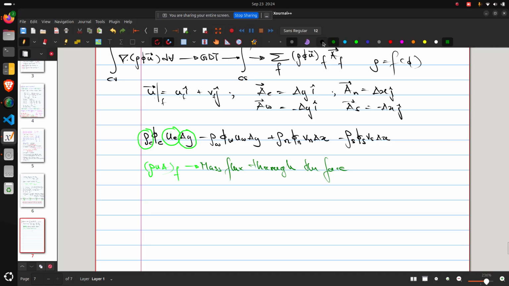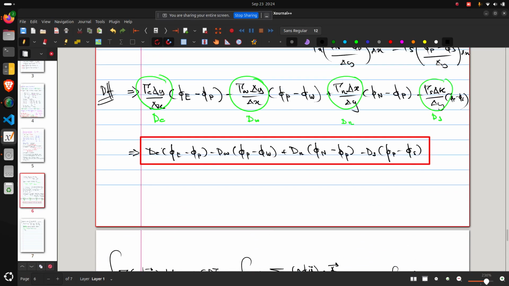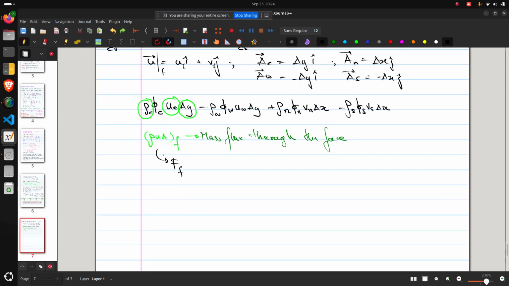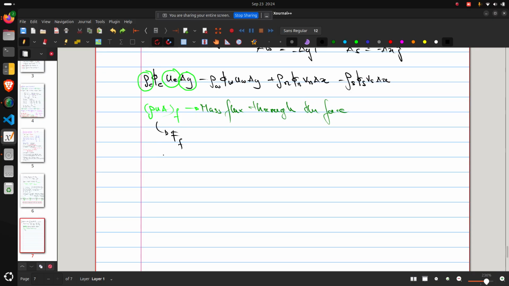We will denote it as capital F, a convective coefficient, just as we described the D term in the diffusion term. Similarly, we will define F in the convective part also.